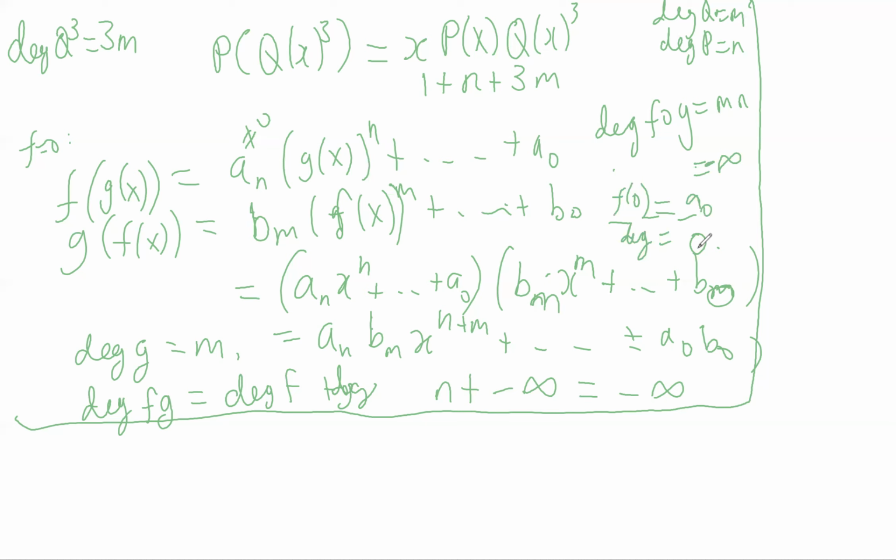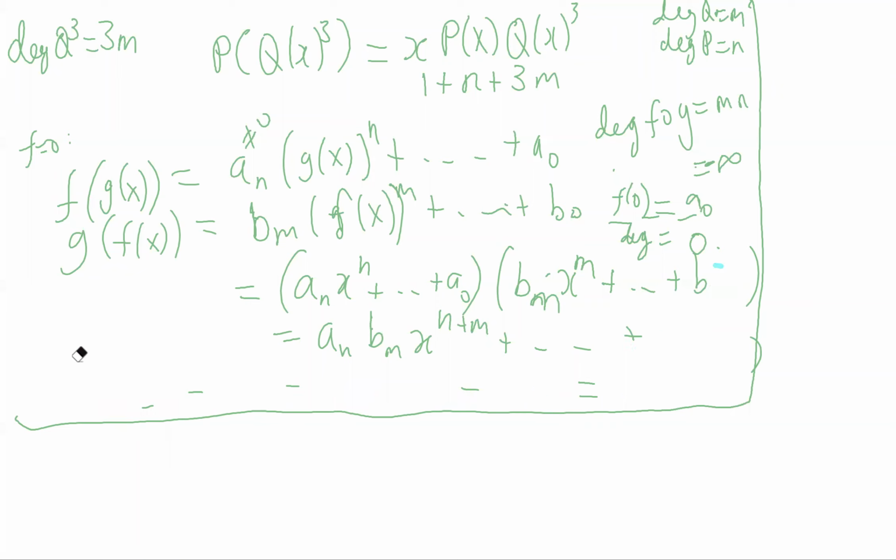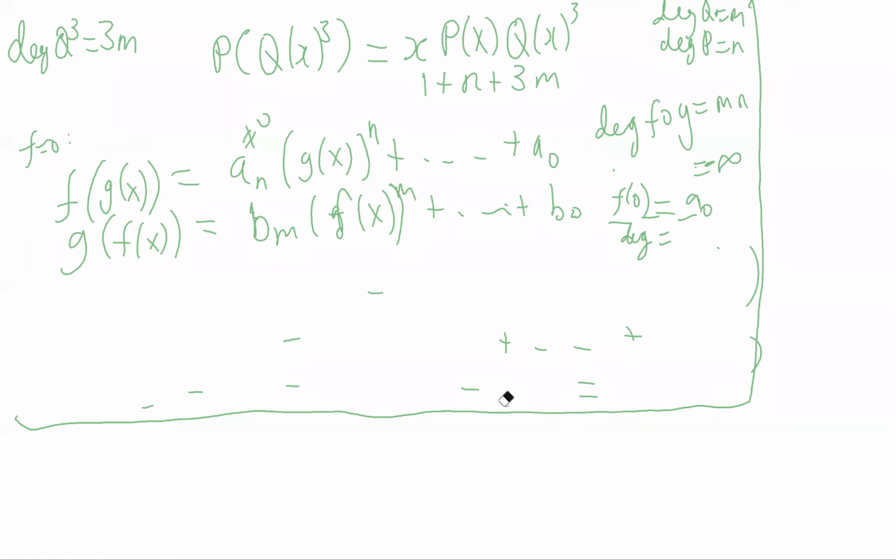Let me write that again. So I want to know what happens if you have degree. What happens if you have sort of 0 of g of x? So that equals 0, obviously.